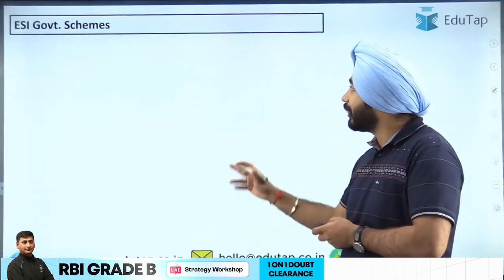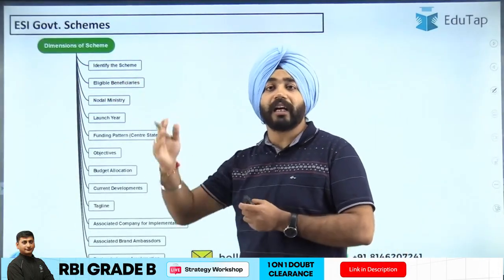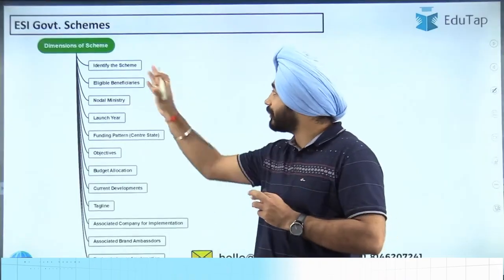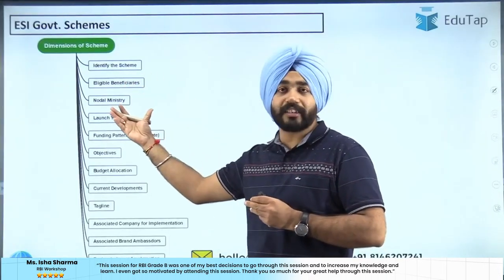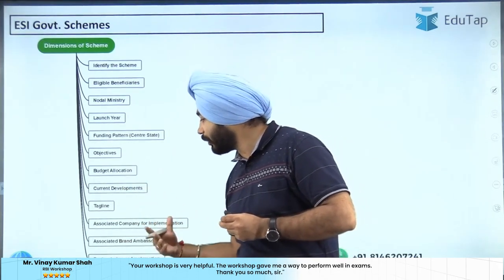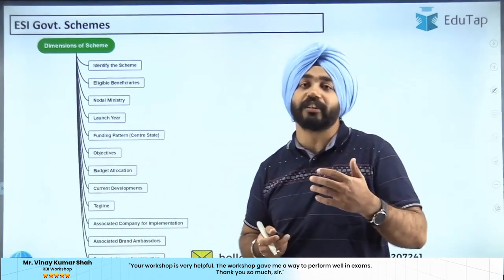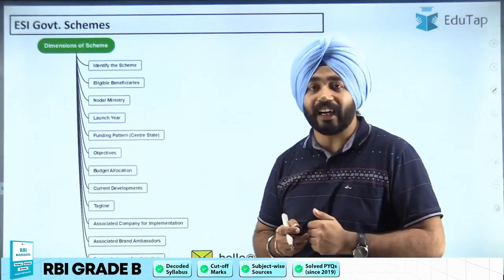Second thing will be the dimensions that I discussed with you. The question could be asked on these specific dimensions, that is identification of a scheme, eligible beneficiaries under the scheme, nodal ministry under a scheme, funding pattern, budget allocation, current development, association, ठीक है, या फिर restructuring. These are the basic things from where the questions are being asked in your examination.